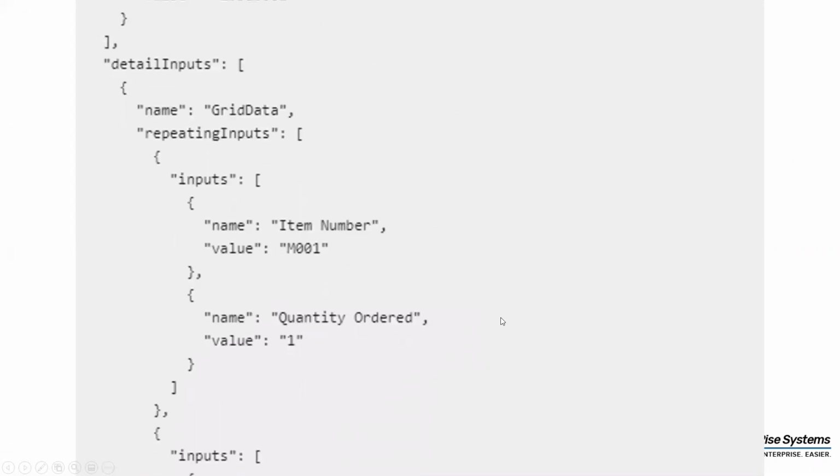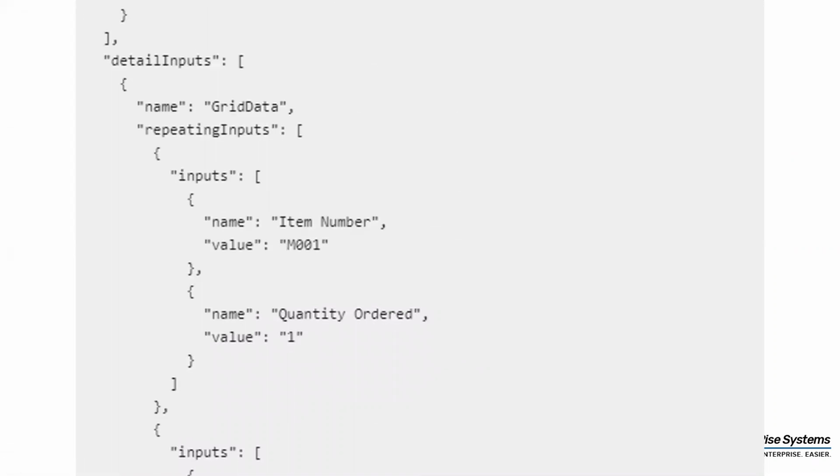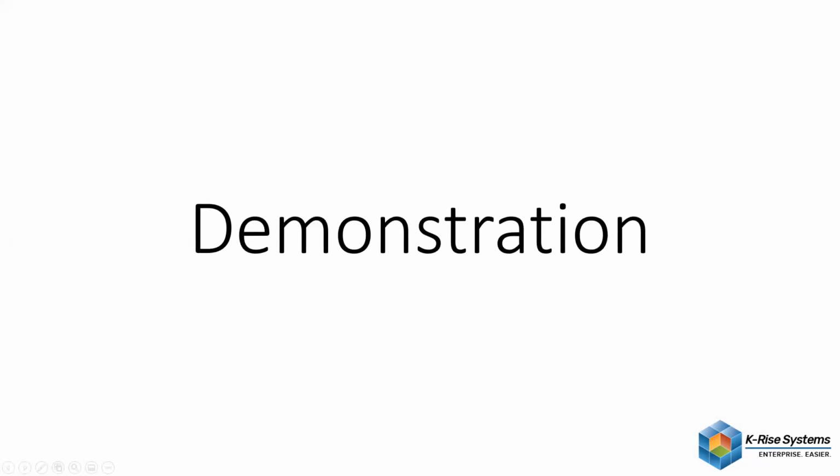So we're going to build a new screen that's going to take multiple lines and add item and quantity, extended price, and call Orchestrator to put it in JD Edwards. I'm going to show it to you in the next 15 or so minutes. So my part's done. I'm going to pass it over. I'm going to stop sharing and allow Ben to share his screen. And then we can walk through the whole development cycle.